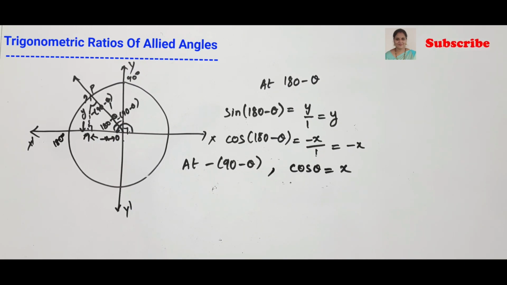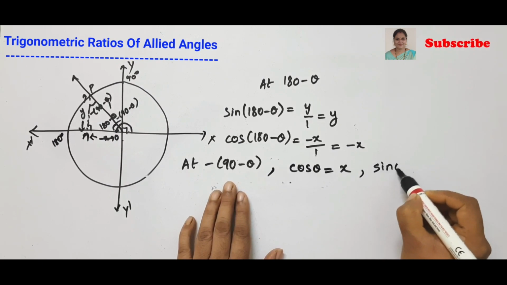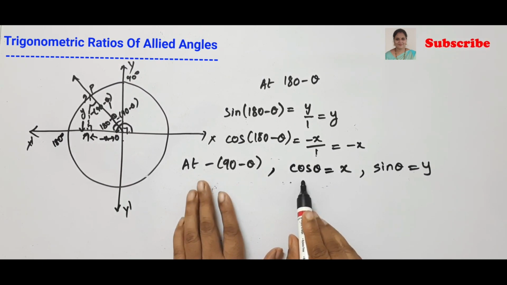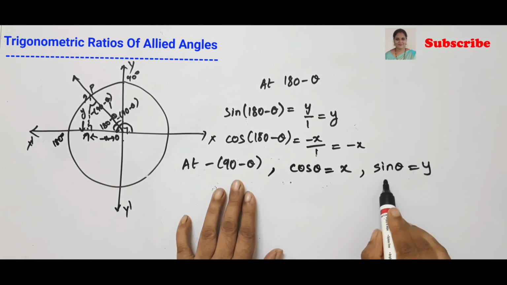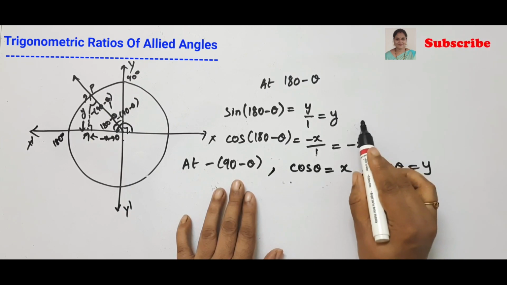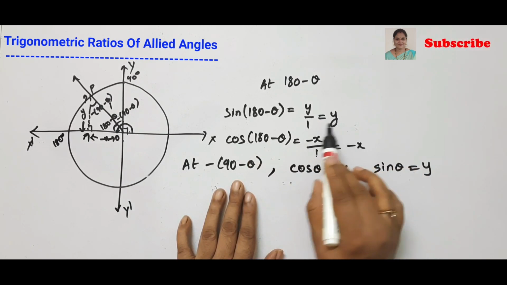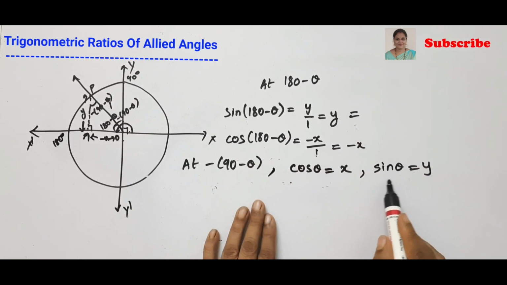So at 90 minus theta, we got sine theta is equal to y. So we got x value as cos theta and y value as sin theta. Just substitute them here. Sin 180 minus theta is we got as y. So sin 180 minus theta is equal to y means this y is nothing but sin theta.